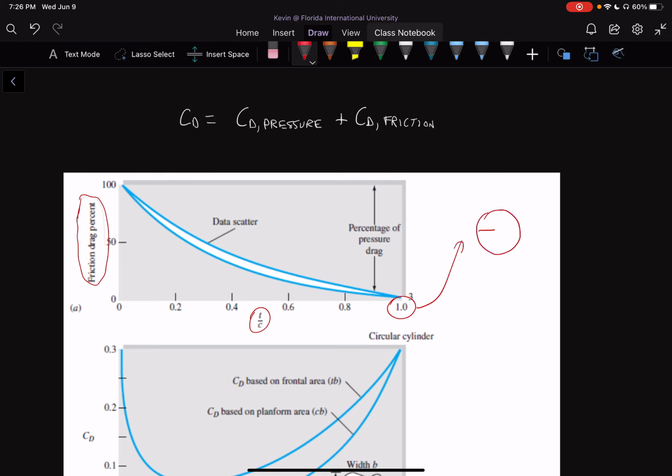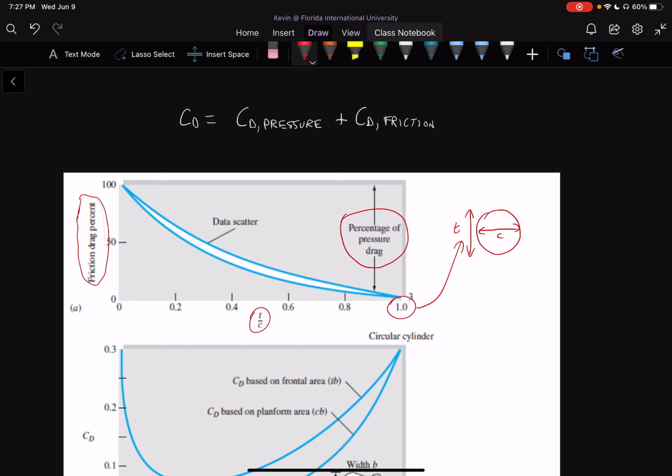We have a length of the body equal to C, which is our chord length, okay, front to back, and the thickness of our body is also the same as C. So if we have a sphere, essentially, most of our drag is going to be from pressure drag.